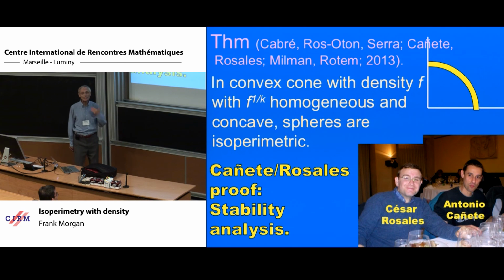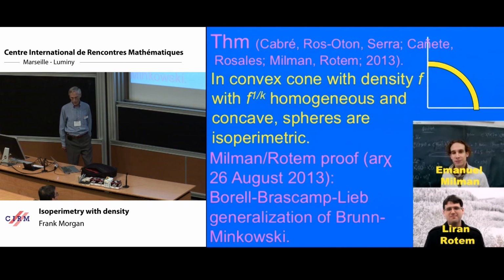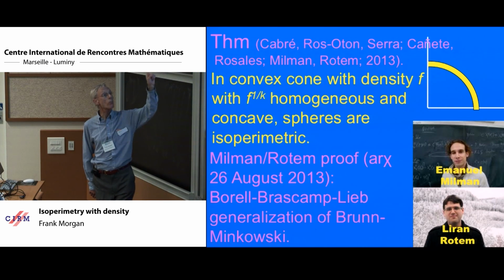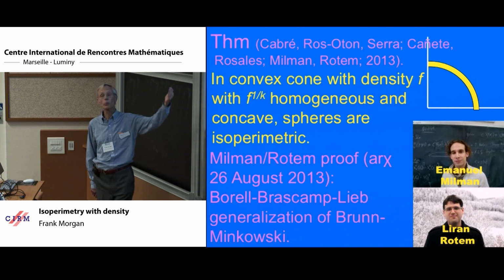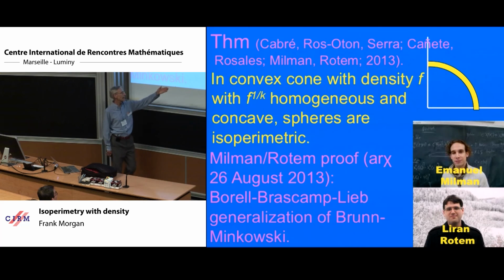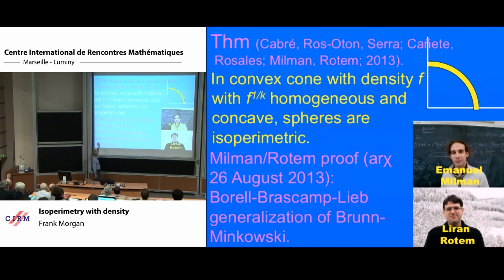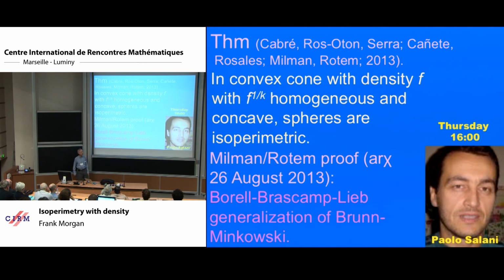And then there was an extremely elegant argument by Milman and Rotem in Israel using the Borell-Brascamp-Lieb inequality, which is a generalization of Brunn-Minkowski, which is considered a favorite way to prove isoperimetric inequalities for density 1, and the generalization of Brunn-Minkowski to other densities is this so-called Borell-Brascamp-Lieb, and we're lucky enough that we'll hear more about that later in the conference.